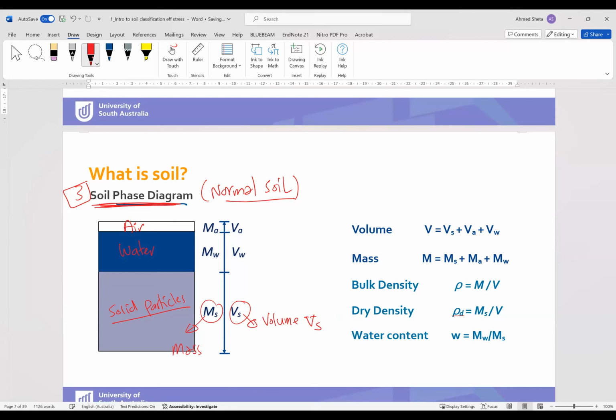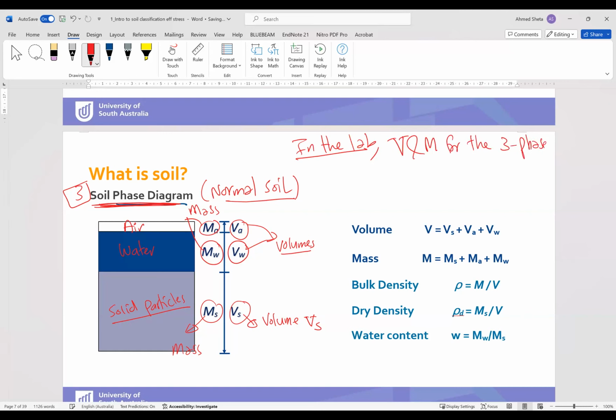So for each component of the soil, we have V and M. Vs are volumes, Ms are masses. In the soil lab, you will be able to find V and M for the three phases of the soil, okay? How can we use these phases?